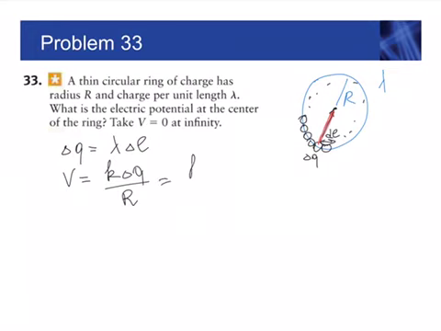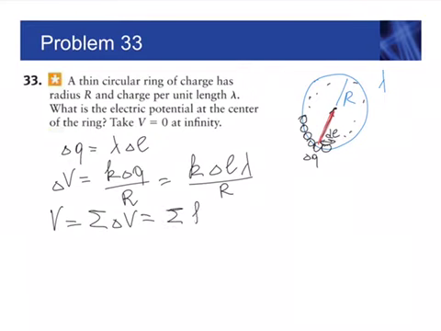Plug in delta Q: k lambda delta L over R, and this is actually delta V, the potential created by a little delta Q. To find the total potential in the center, we need to add up all these contributions, delta V. We can write it this way: sum of k lambda over R times delta L. This is all constant, so it can go right here. So we would have k lambda over R times the sum of delta L.